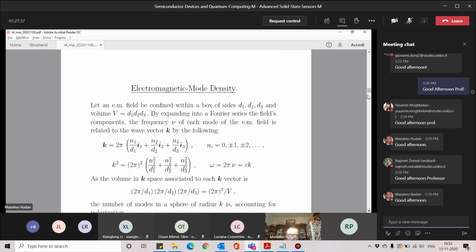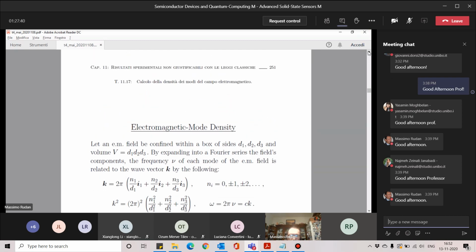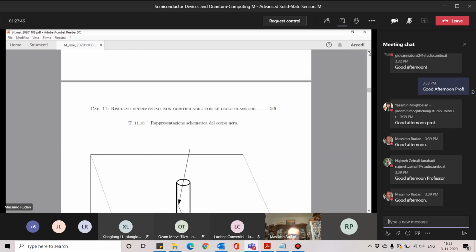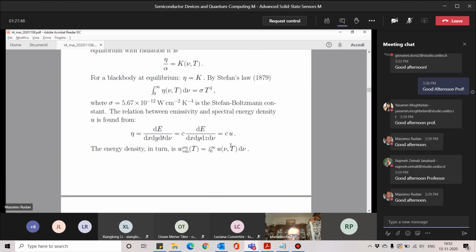How can we calculate the spectral energy density? The reasoning is as follows. We want to calculate the energy per unit volume and frequency. We try to split the problem into two blocks. The first block is we try to describe the electromagnetic field as a superposition of monochromatic waves.